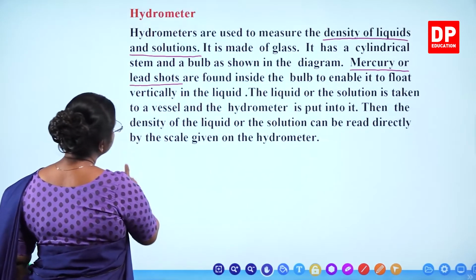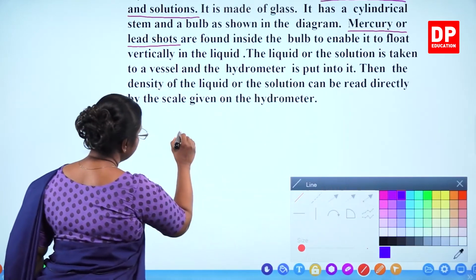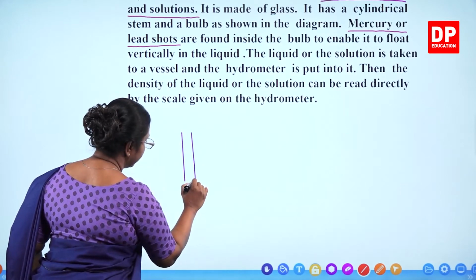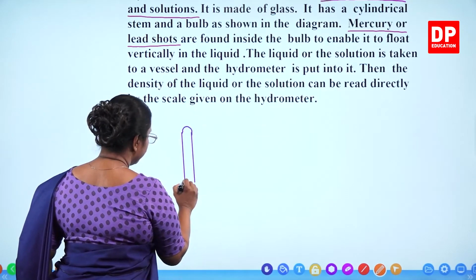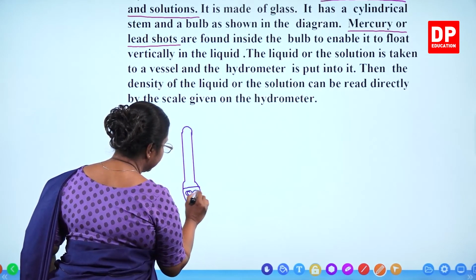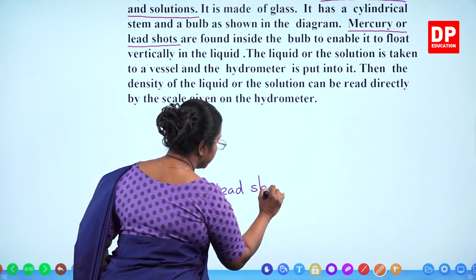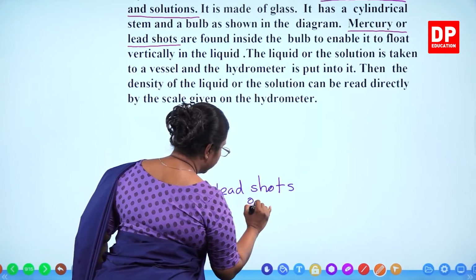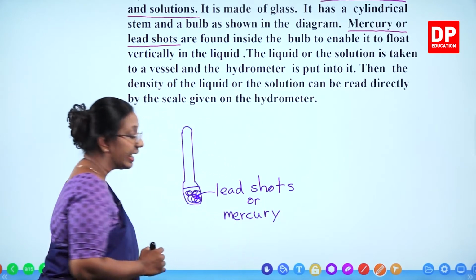So, if I show you all a simple diagram, this is how we have a hydrometer. This is the glass tube. Then you have a bulb like that. Inside that there are either lead shots, these are lead shots, or mercury. These are metals. Those are usually heavy metals.